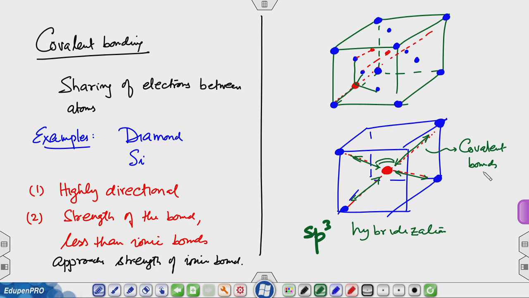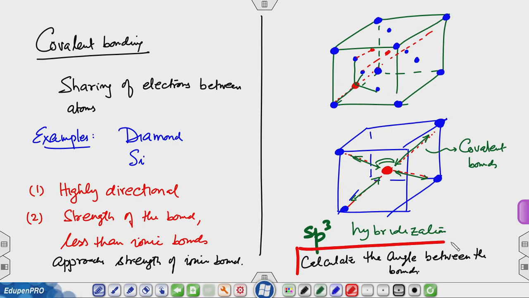What I will give you as an exercise here is to calculate the angle between the bonds. And you recall from previous lectures that the packing fraction in this diamond structure is roughly about 1/3, 0.34.